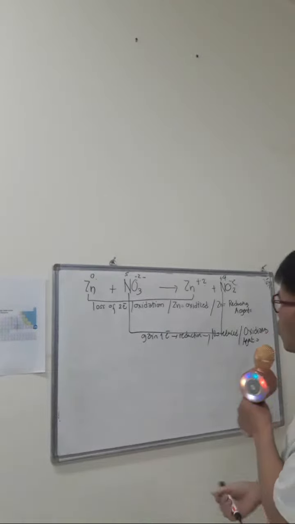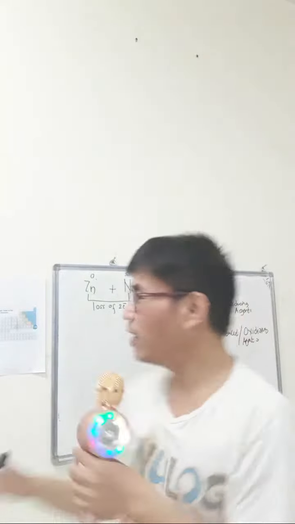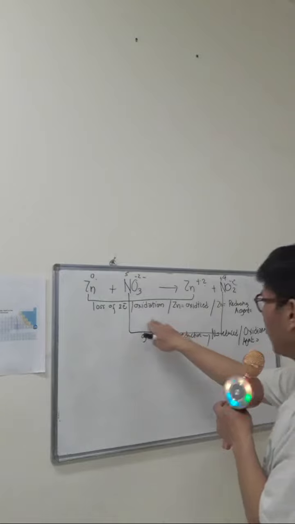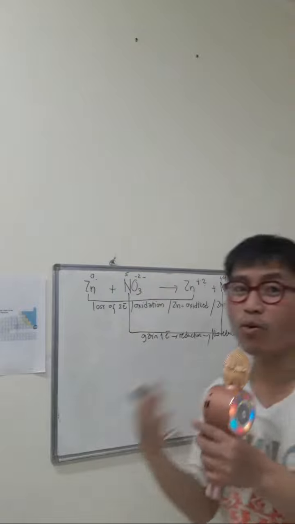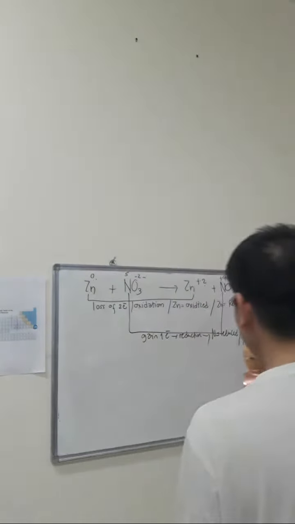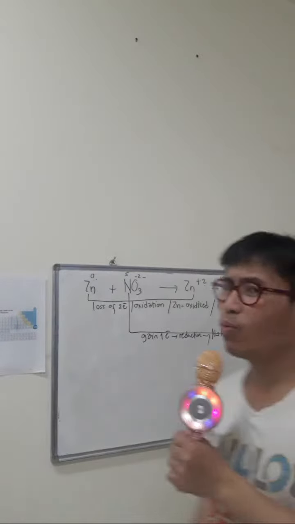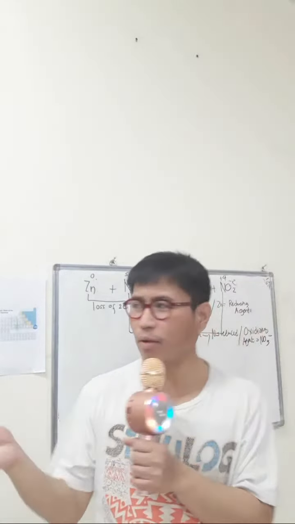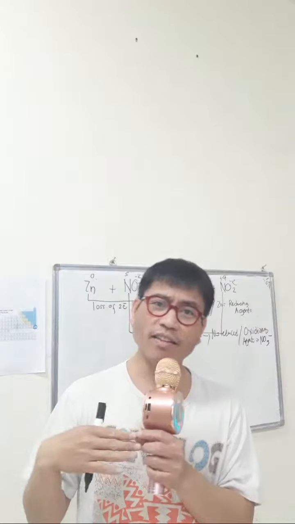As you can see in my discussion, this is a complete package. You cannot see this in the books because they never put the package of the process, what is being oxidized, and the agent that is being reduced. This is only my own initiative to maximize the theories. The agent is nitrate because in most examination questions, I really observe it's like this: for example, which of the following elements are oxidizing agents, A, B, C, D?